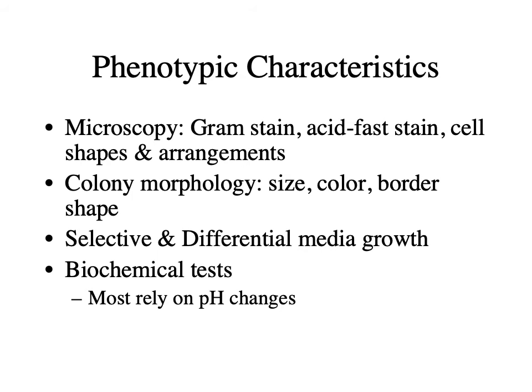You can do all kinds of different stains in order to look at the morphology and the arrangements of different types of bacteria. You can look at the morphology, also how it grows, the size, the color, the border. You need to look at the different ways bacteria can grow on an agar slant or on an agar plate, and you can identify its growth.